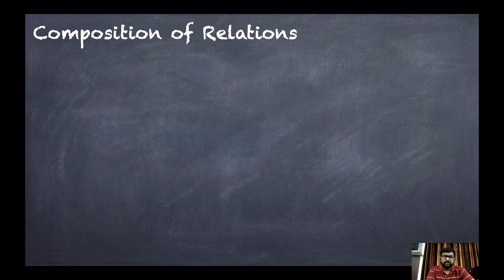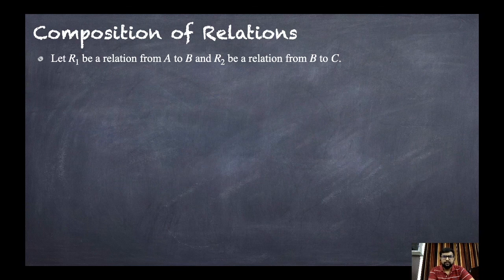Now next, composition of relations. Let capital R1 be a relation from set A to B and R2 be a relation from B to C. Now we want to composite the relations.